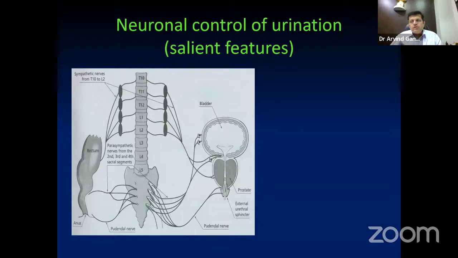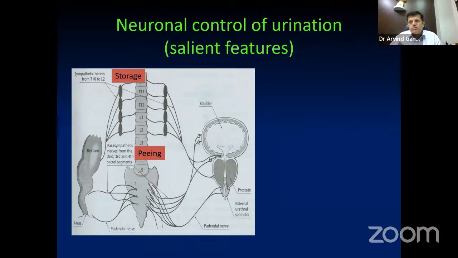Something about this thing which we all are learning since our physiology days, and it's quite confusing. Let me concede to this fact that what are sympathetic nerves, what are parasympathetic nerves, what is LMN, what is UMN, and all those things. But let's try to make it as simple as possible. So storage means sympathetic and parasympathetic means peeing.